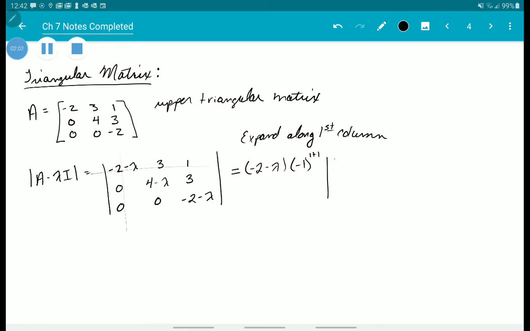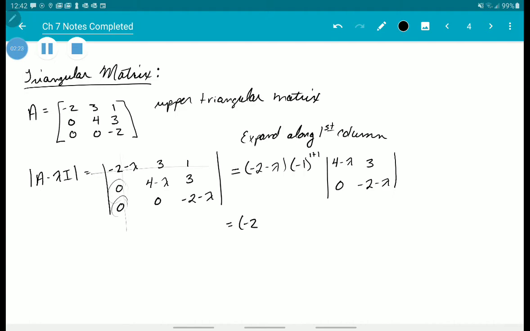And I need to find the determinant of what's left over, which is 4 minus lambda, 3, 0, negative 2 minus lambda. And then we would have, moving down this first column, 0 times some stuff, which is 0, plus 0 times some stuff, which again would be 0.